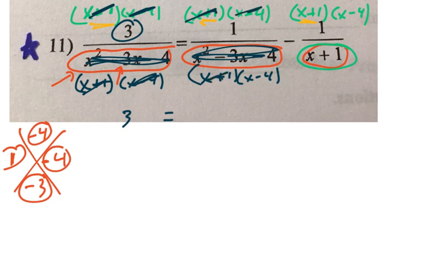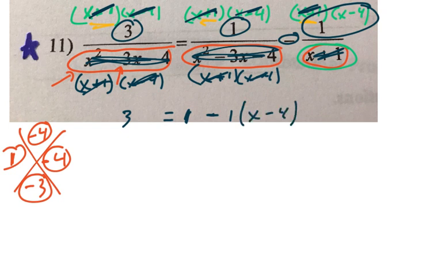Here, everything cancels. All I have is a 1 minus, over here, notice x plus 1 is the only thing that cancels, and I have to take 1 times negative, so 1 times x minus 4. So 3 will equal 1. Let's distribute the minus. That's minus x plus 4.